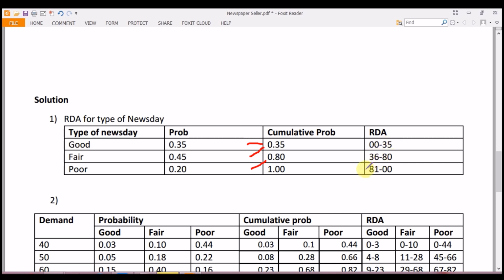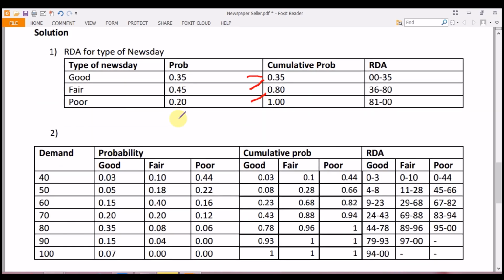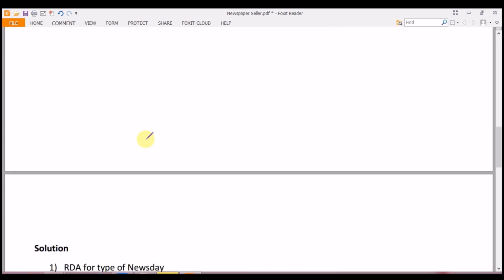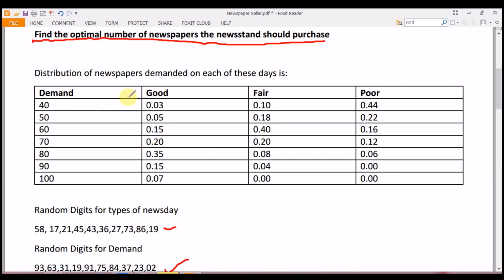The second table that we need to calculate is the demand and the probability based on the type of news day. This part of the table is already given here. All we have to calculate is the cumulative probability for each news day and the random digit associated with it.